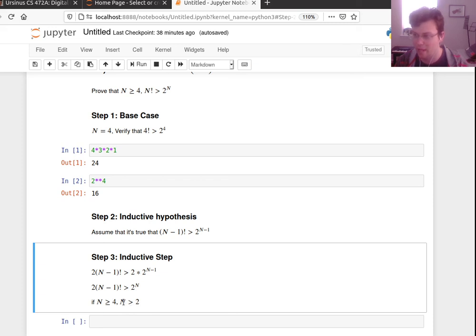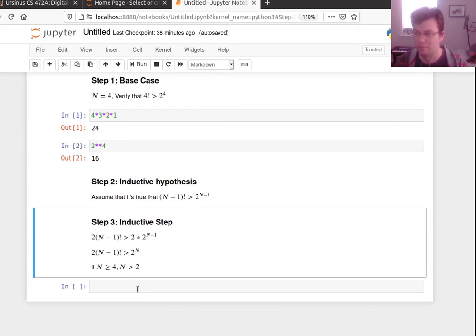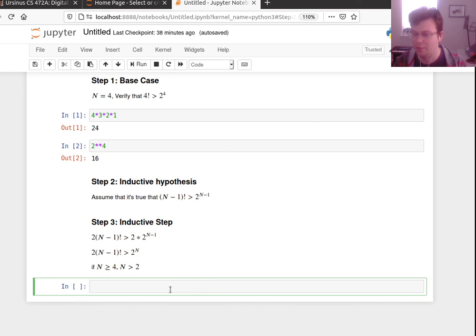So if I turn this 2 into an n, certainly this thing is not going to be any smaller than it was before. So it's still going to be bigger than what was over here. In other words, this implies that n times n minus 1 factorial is greater than 2 times n minus 1 factorial, which is greater than 2 to the n.